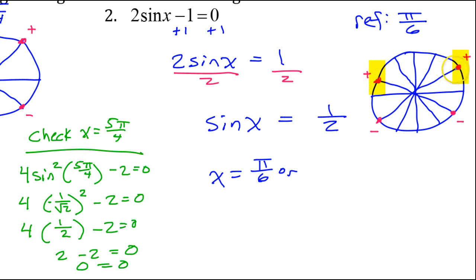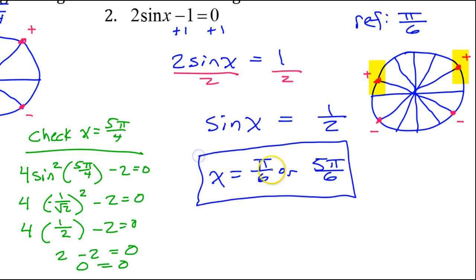So this is 1 pi over 6, 2 pi over 6, 3 pi over 6, 4 pi over 6, 5 pi over 6. So 5 pi over 6 is the other solution. Most of these equations are going to have at least 2 solutions.